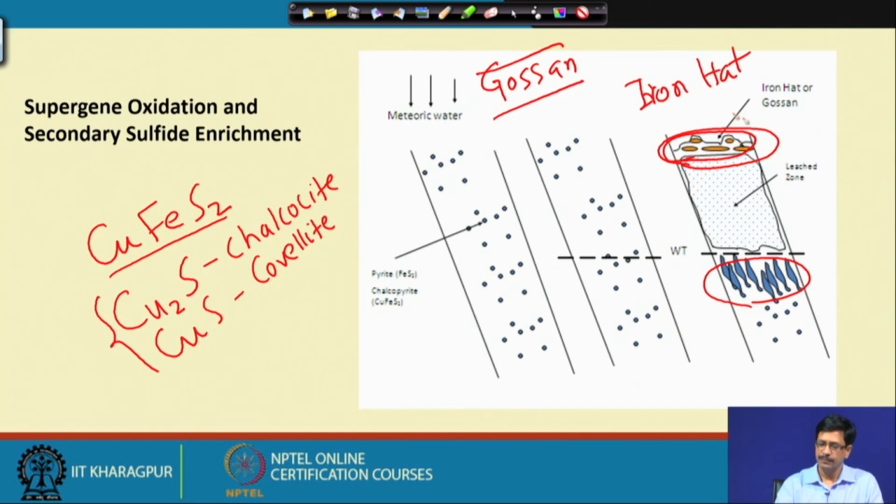If the surrounding rocks just around the ore body are able to consume the acid generated here, then this process will not operate very efficiently. So, we need some kind of favorable host rock here, and the volume of this ore body has to be adequate, substantial, so that the acid that is generated will be able to go down.